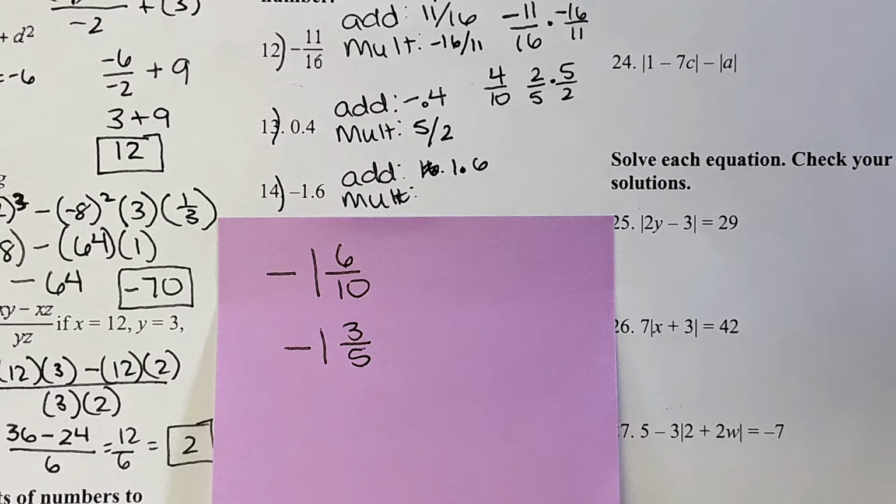No. I guess if you did it in the calculator, it would give the right answer. Let's see, 1 divided by 1.6. Oh, I just did 1 divided by 1.6. It works.